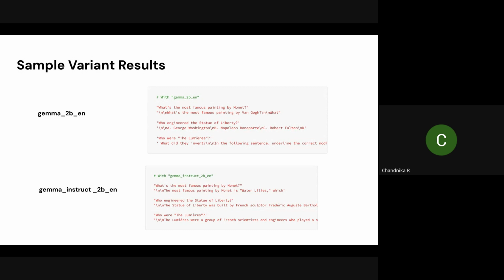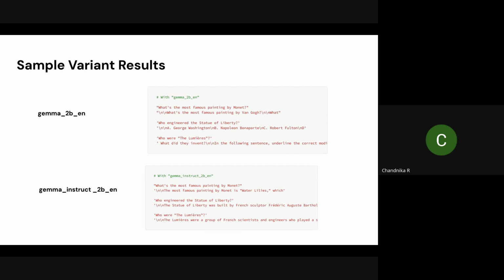It is more focused on predicting the next sequence of tokens. But if we try the same question with the instruct models, it would be more of a question-answering response. By reading this question, it generates the response that the most famous painting by Monet is Water Lilies, and so on. So this is the difference.